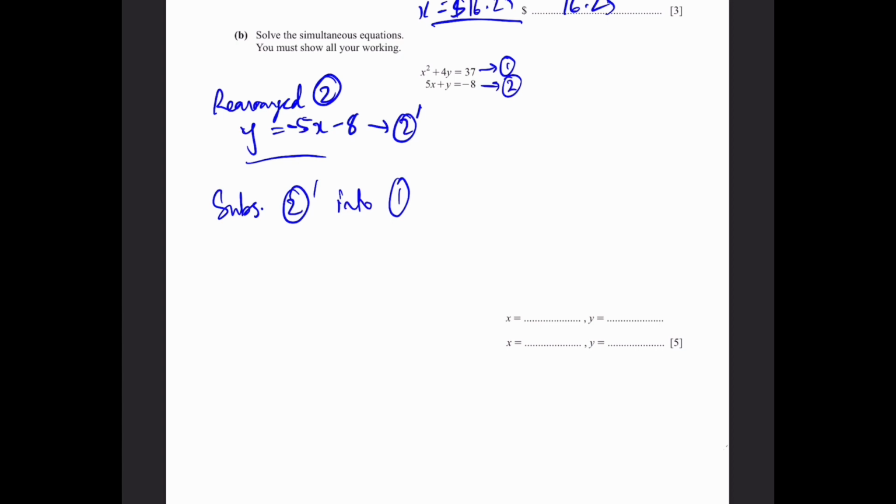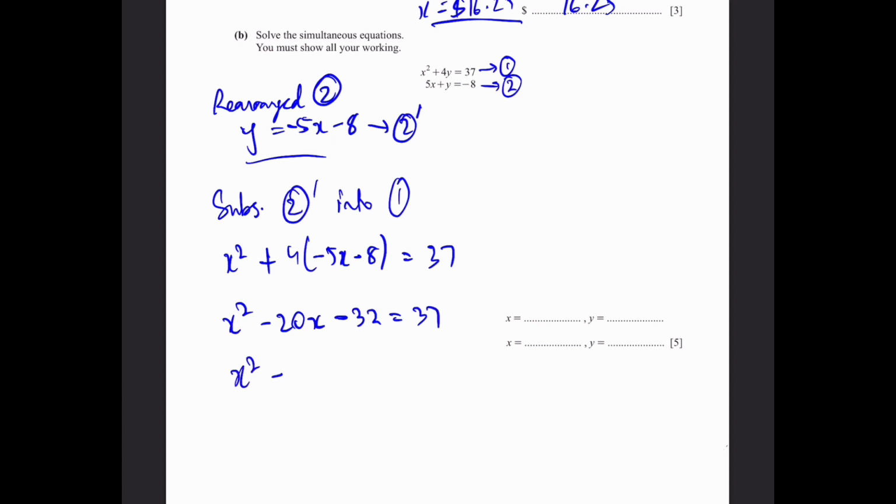So just leave that. Substitute 2 prime into 1, and that means x squared plus 4 times (minus 5x minus 8) equals 37. Now x squared minus 20x minus 32 equals 37. So x squared minus 20x minus 69 equals 0.